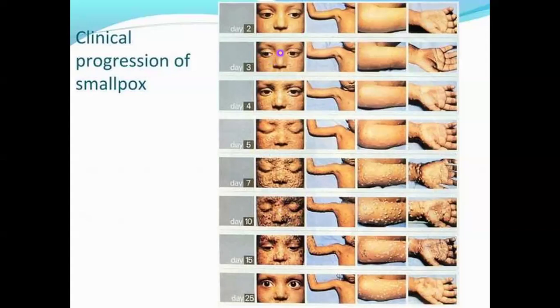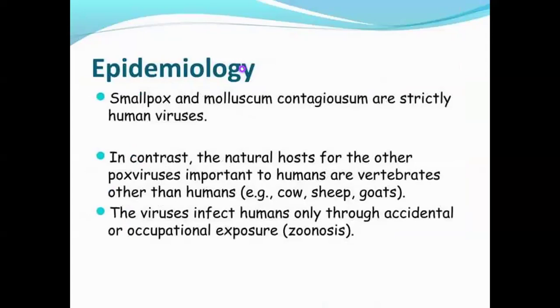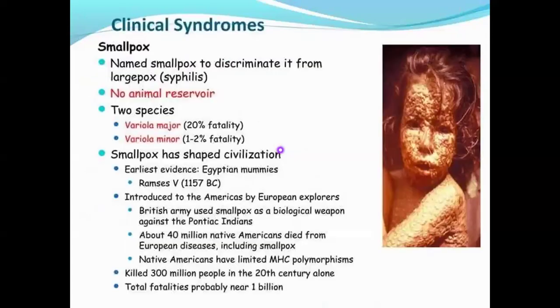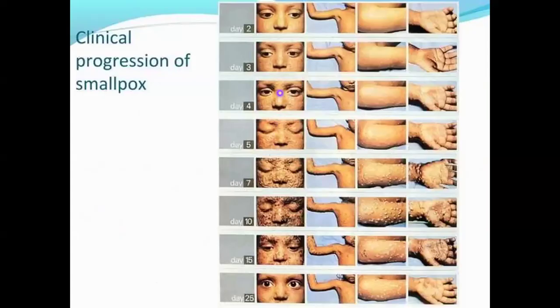So the lesions usually start in the oropharynx or the respiratory system. Then they go to the face, then the extremities, which are the arms, hands and the legs. Then they go to the trunk.